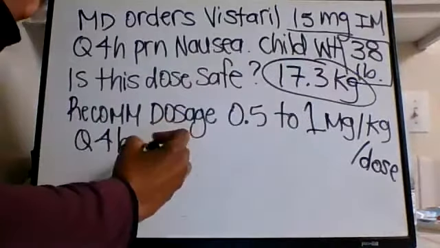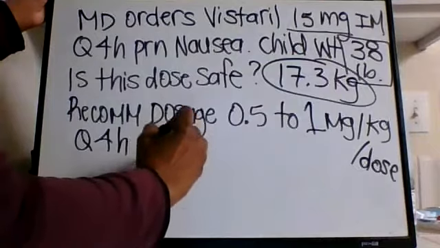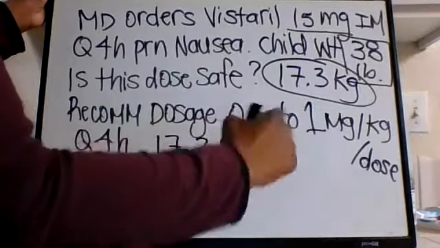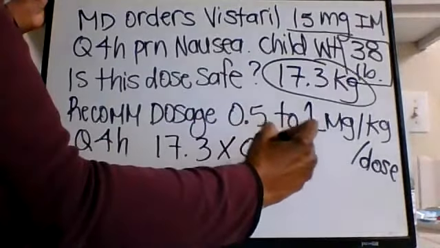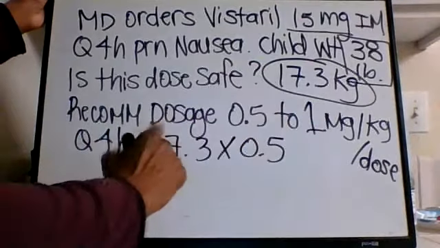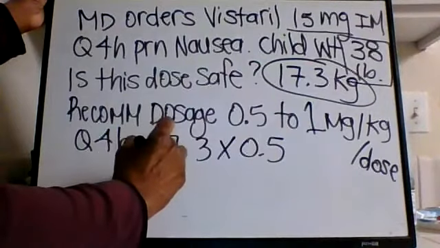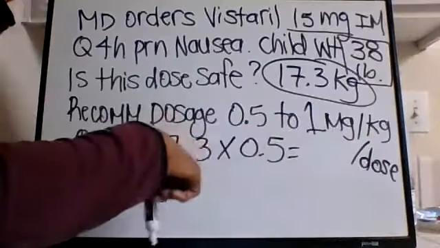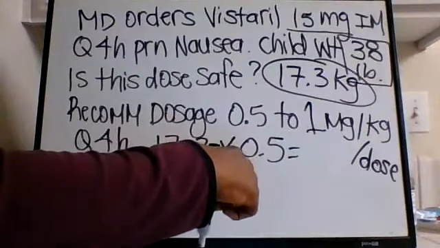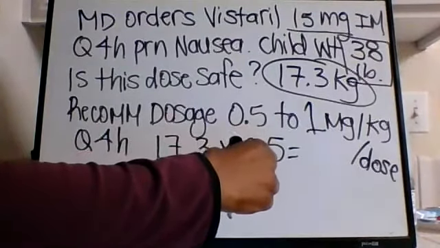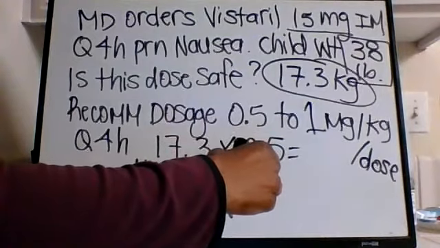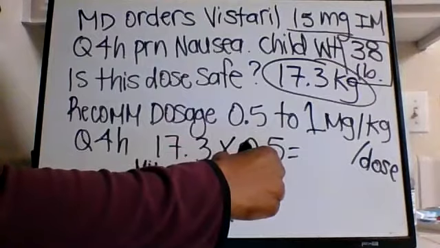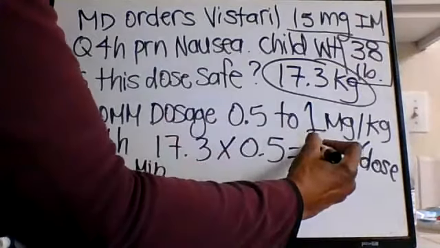So we take the 17.3, the child's weight, and multiply it by the 0.5. This is the minimum dose that you can administer. Multiplying 17.3 times 0.5 gives us 8.7.